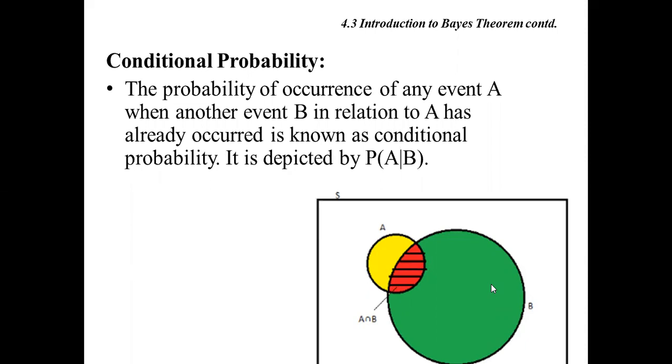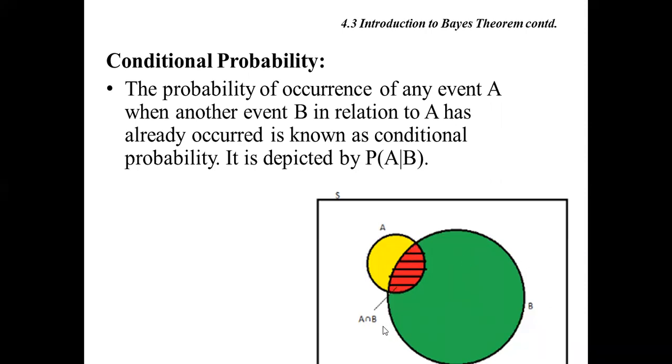Conditional probability means that, consider there is an event A and an event B. The probability of occurrence of event A when another event B, which is related to A, has already occurred. I want to check the probability of occurrence of A, where B, which has a relation with A, has occurred.